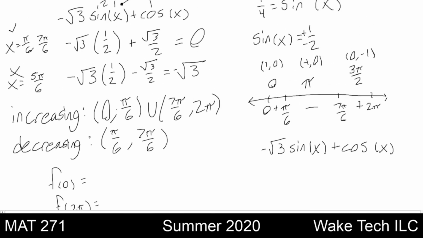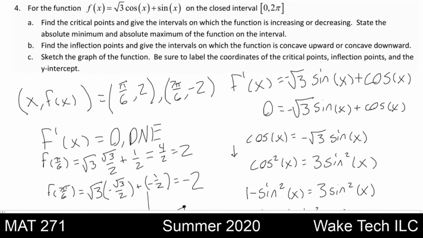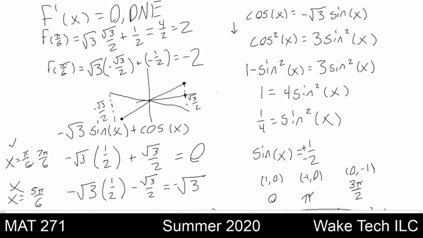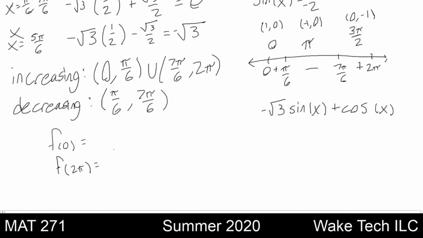We're using our original f function here. Well, first of all, f of 0, recall 0 has a cosine of 1 and a sine of 0, is square root of 3. And we can just fill in these pretty quickly.